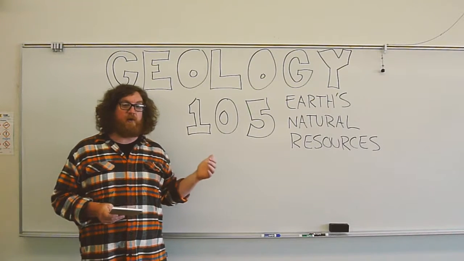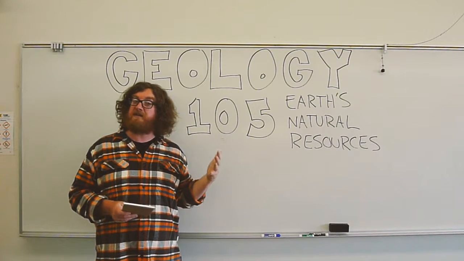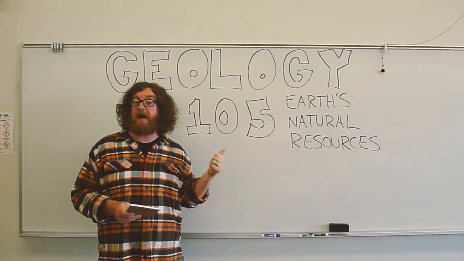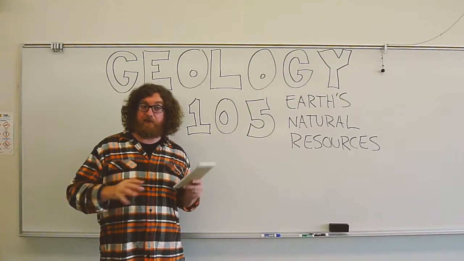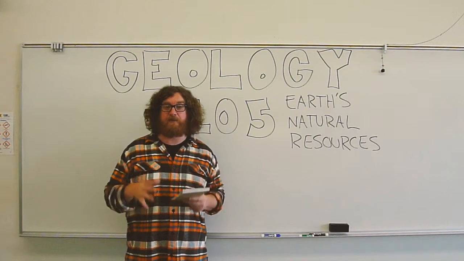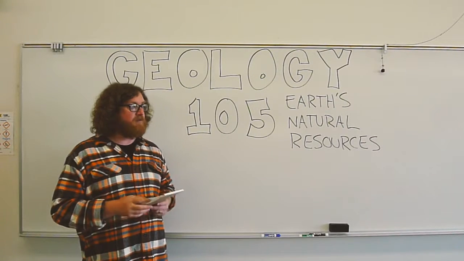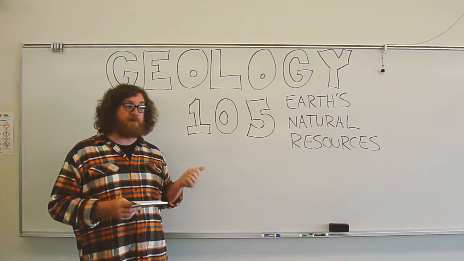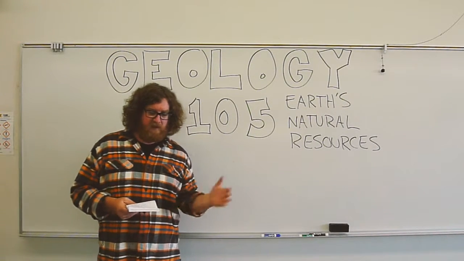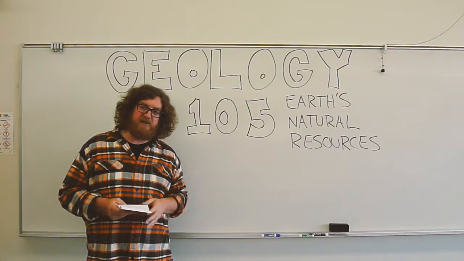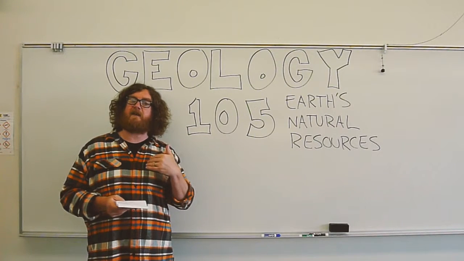The first thing that we're going to analyze for any particular resource is geologically how it occurs, right? So again, we will have to brush up on some nuts and bolts of how the Earth works and some geological basics, but we'll talk about geologically how that resource is developed or how it forms. The second thing that we're going to talk about, and this dabbles into engineering a little bit, is how do we extract that resource, right?